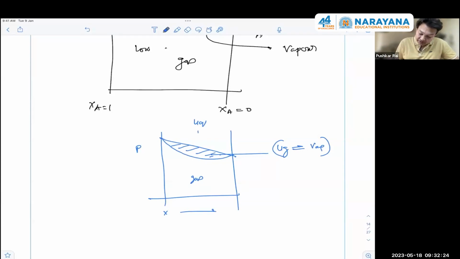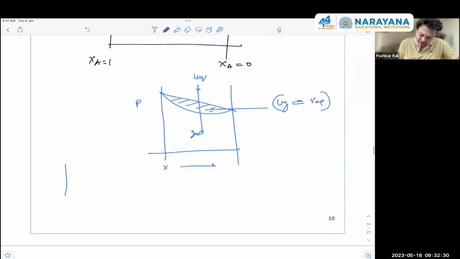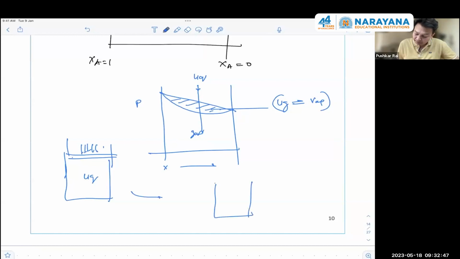I already told you in the last class that you start from a very high pressure. You've taken a piston, and on this piston, you have applied a lot of pressure, so there will be only liquid. But when you gradually start decreasing the pressure, at one point, what will happen? A first drop of vapor will form, and it will correspond to this point.